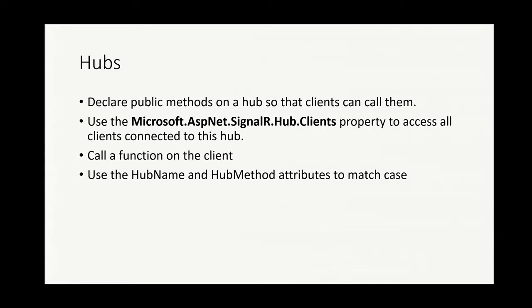So you take this hub, and in .NET fashion, it's a class. I know, shocking. And what you do is you just take this class, put it in your project somewhere, and start making public methods on it. That's it. And if you do MVC, you think about a controller. It's a class with a bunch of public methods hanging on it.